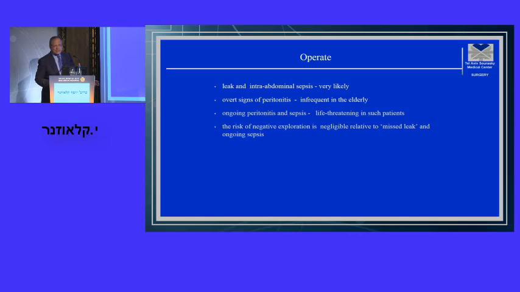Are there good reasons? Maybe. Leak and intra-abdominal sepsis is very likely. Overt signs of peritonitis are infrequent in the elderly. Ongoing peritonitis and sepsis is life-threatening in such a patient, and the risk of negative exploration is negligible relative to a missed leak and ongoing sepsis.